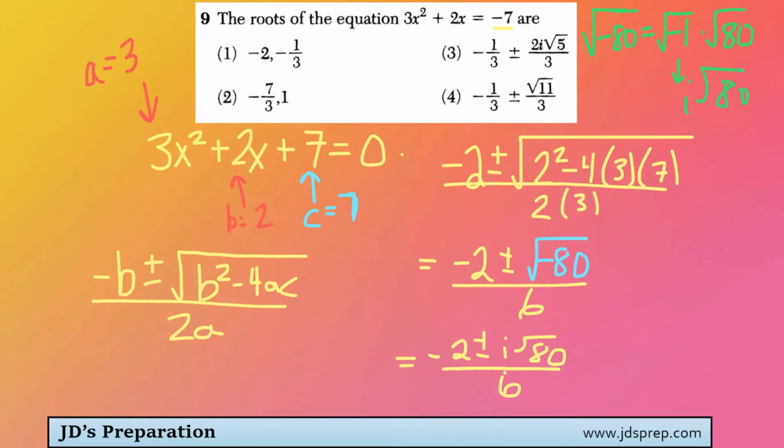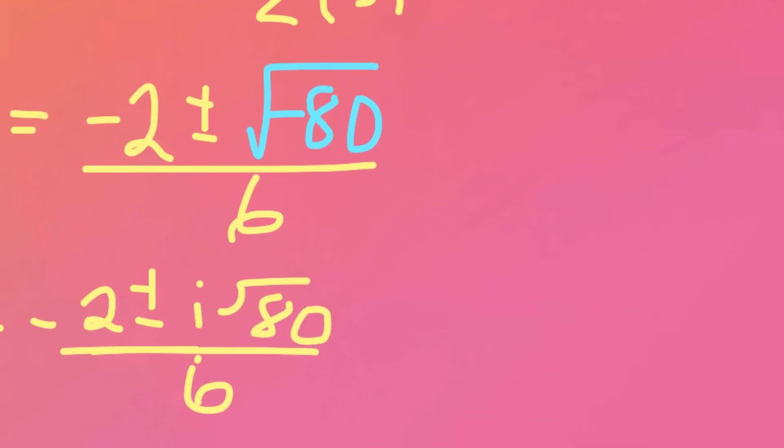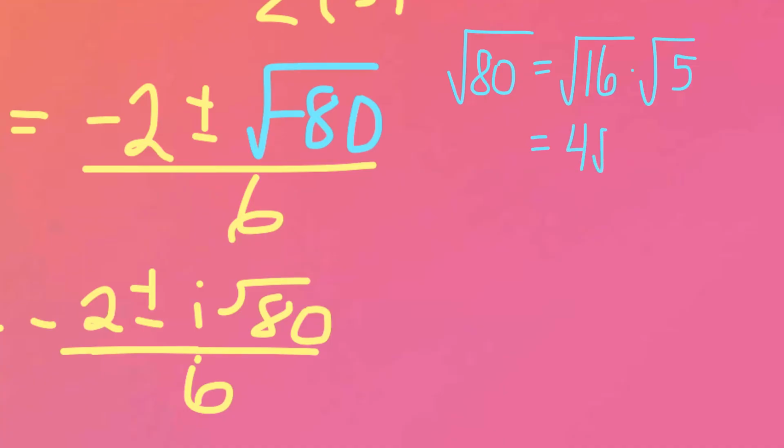Okay, next we're going to have to try to simplify this further, specifically looking at the square root of 80. So we can simplify that radical because I know the square root of 80 is the same thing as the square root of 16 times the square root of 5. And the reason I'm picking those numbers is because 16 is a perfect square, so we can actually square root it. So the square root of 80 can be simplified to 4 root 5.